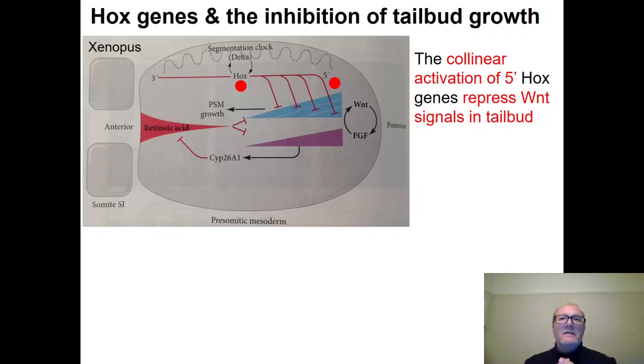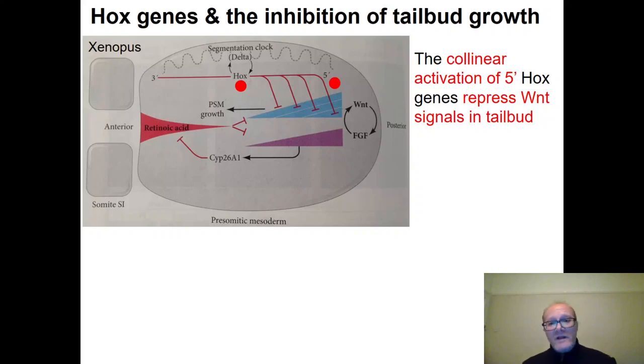We say that the more posterior HOX genes are expressed later during development and in the more posterior part of the embryo along the anterior-posterior axis. We also said that the cells that enter the primitive streak late during development, and more posteriorly, are going to express more posterior HOX genes.